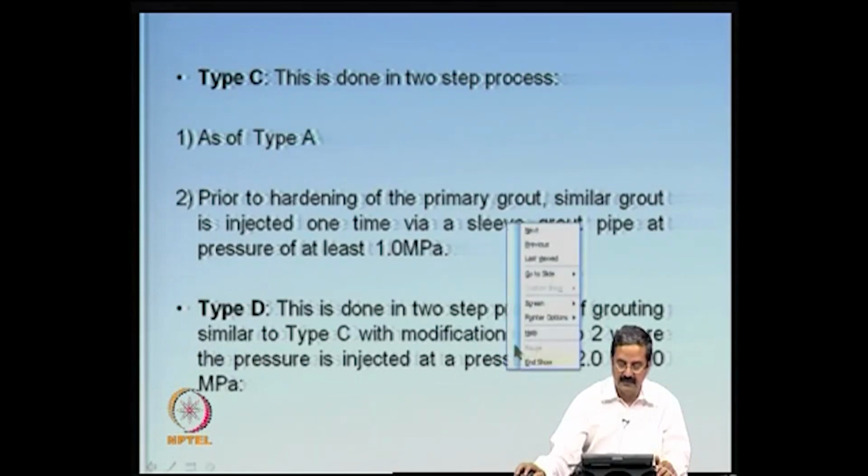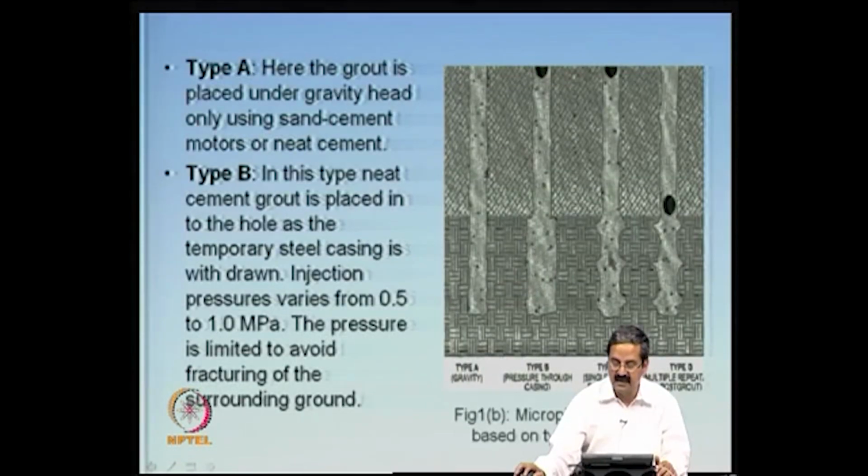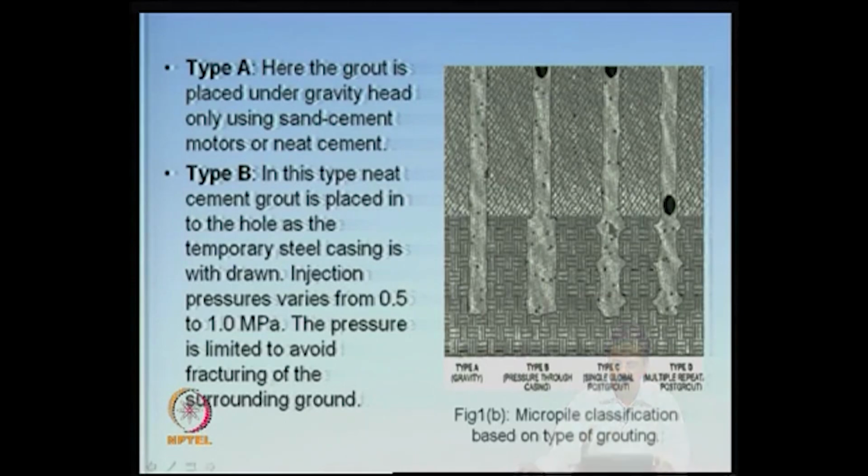So a little higher pressure is used. It is called type C, single global post grout, and type D, multiple repeated post grout.